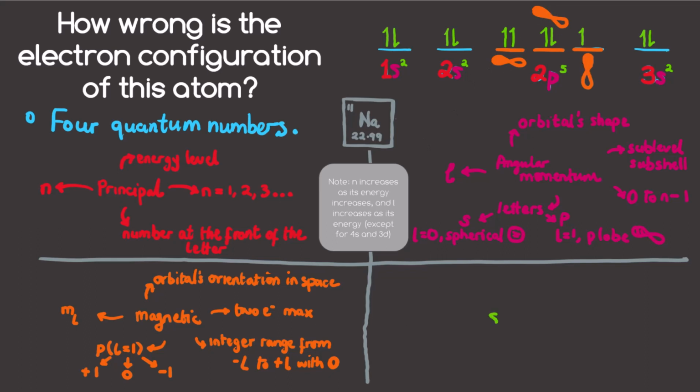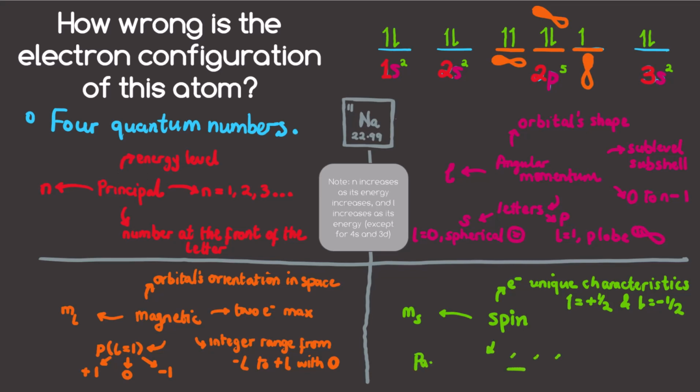Now, the final one here is called the spin quantum number, notated as m_s, and this reflects the intrinsic angular momentum of an electron. The electrons are known to have unique quantum numbers, with the up spin indicated as +½ and the down spin as -½.